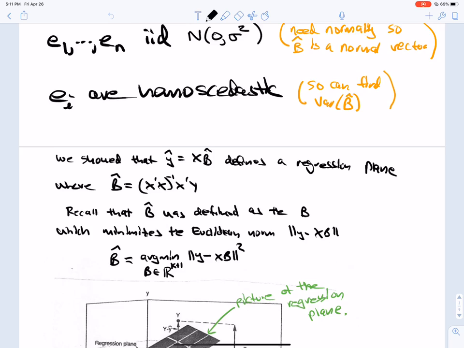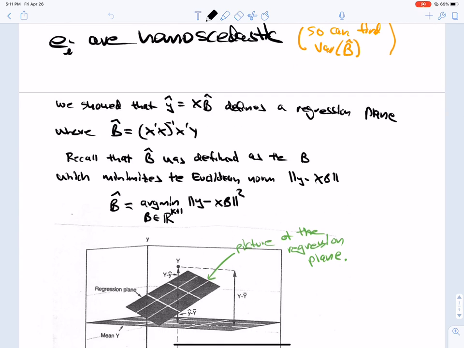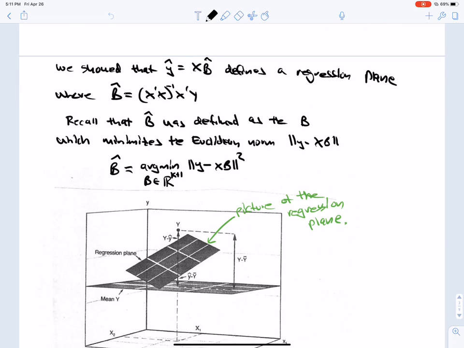So we showed that y hat equals X beta hat defines a regression plane, where beta hat is X transpose X inverse X transpose y. Recall that beta hat was defined as the beta which minimizes the Euclidean norm. In fact, beta hat is the argmin of y minus X beta.